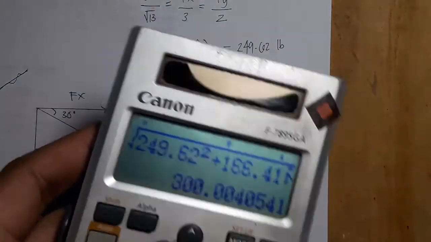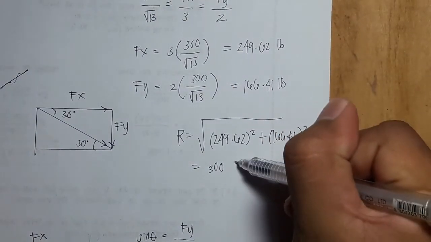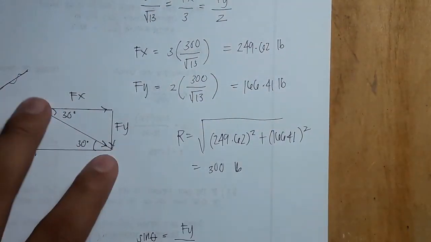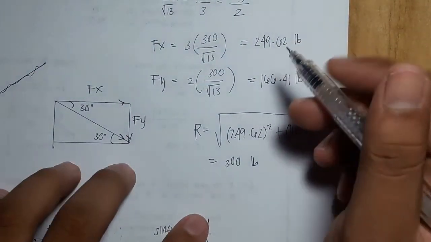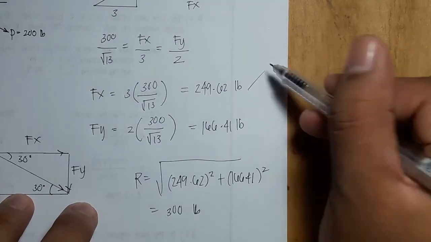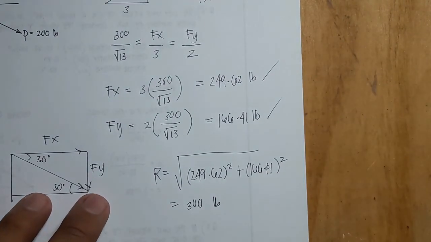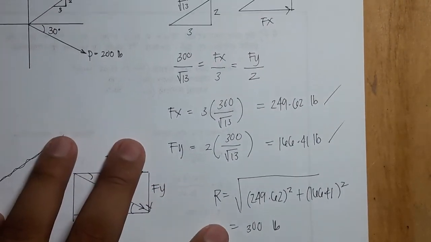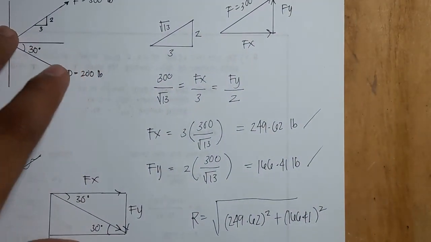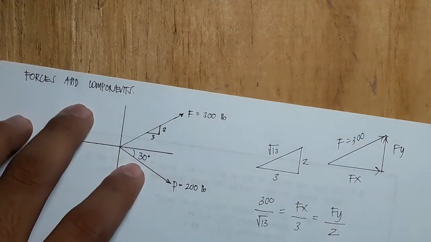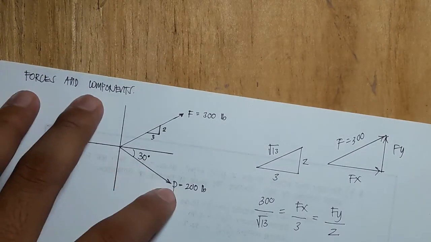So it is 300 pounds. So 300, so the values of our components are correct. So that's how you solve for the components of a force using its slope and its given angle.